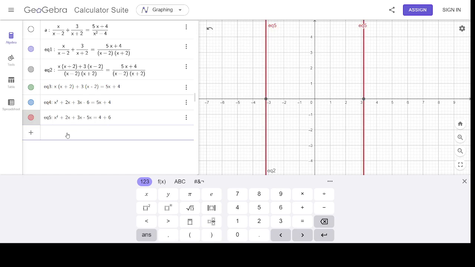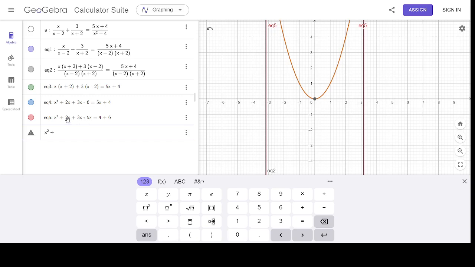Now here we have x squared, plus 2x plus 3x minus 5x.